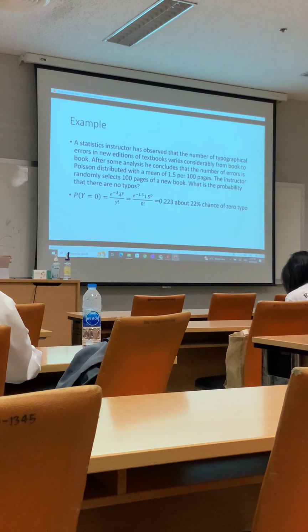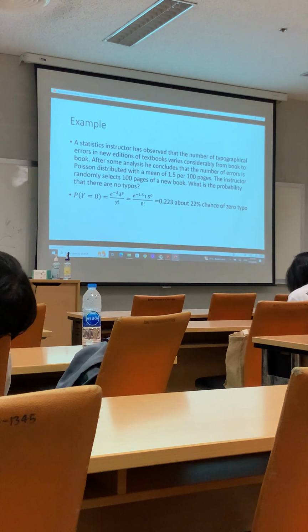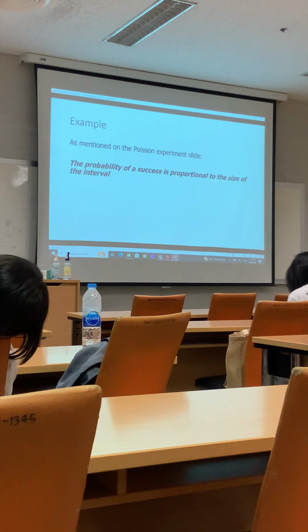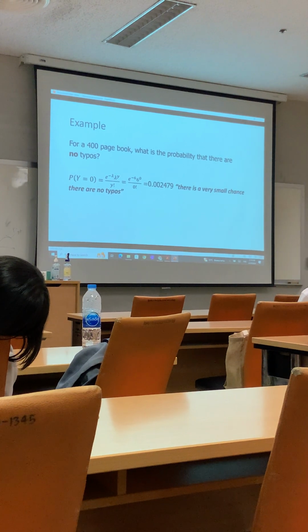In 100 pages, the probability of 0 mistakes is about 20%. Now when we increase from 100 to 400 pages, what is the probability of no mistake? It goes from 20% down to 0.25%, so less than 1%.